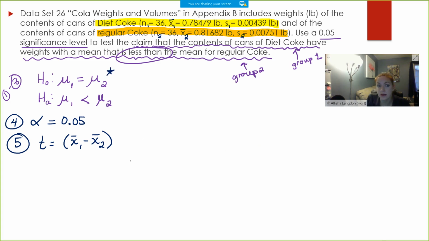So that's why we don't write those in. So then we're going to divide it by the square root of s1 squared over n1 plus s2 squared over n2.